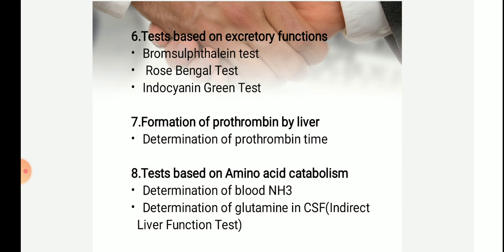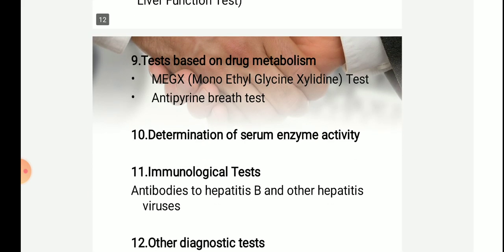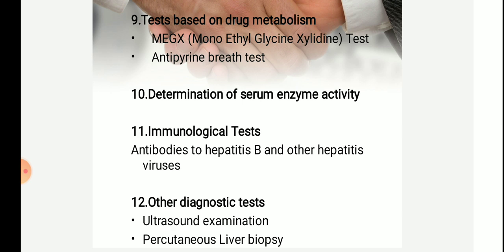Tests based on amino acid catabolism: determination of blood ammonia, determination of glutamine in CSF. Tests based on drug metabolism: monoethyl glycine xylidine, MEGX test, antipyrine breath test. Determination of serum enzyme activity, and immunological tests, very important ones, the antibodies to hepatitis B and other hepatitis viruses.